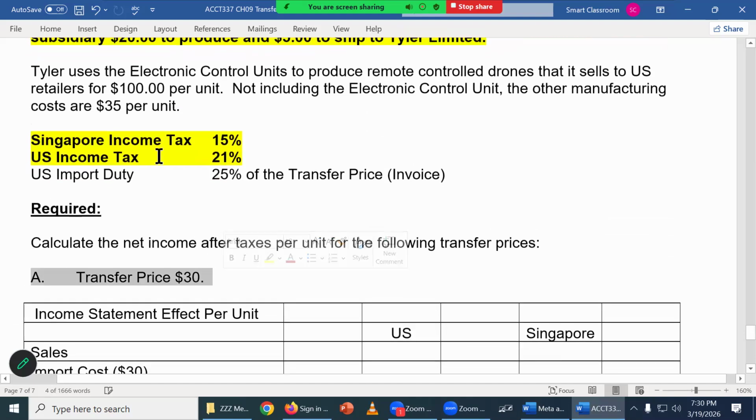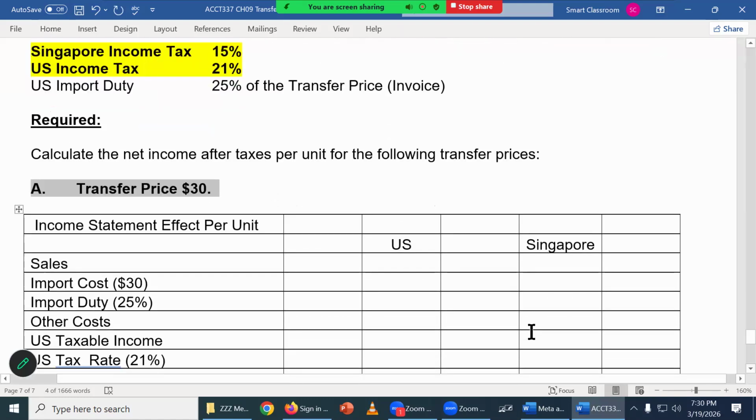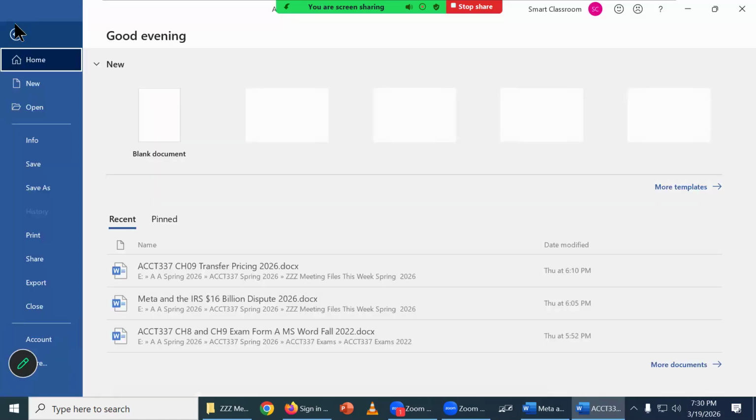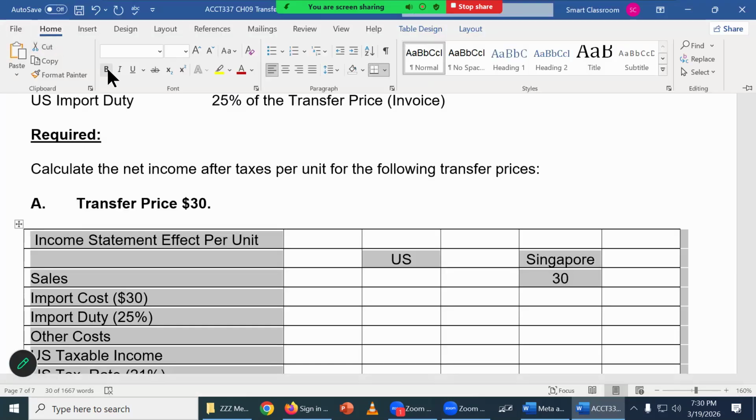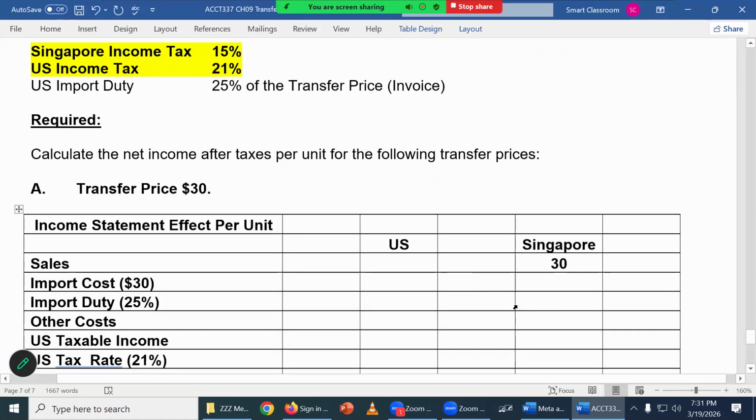Here's the transfer price, $30. So $30 is our selling price.